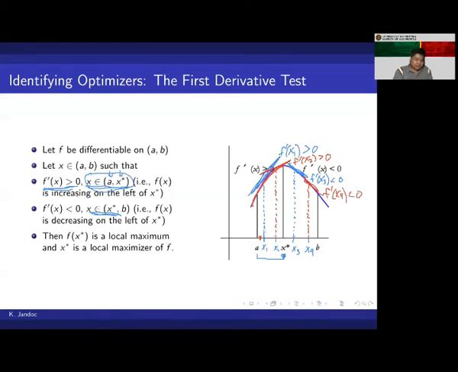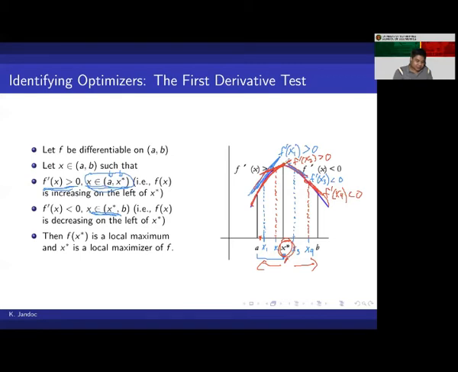So whenever the tangent line is downward sloping to the right of x star, and upward sloping to the left of x star, so to the left of x star, all tangent lines are upward sloping, or the function is increasing, and to the right of x star, all tangent lines are downward sloping, or the function is decreasing, then we say that x star is a local maximizer of the function f.